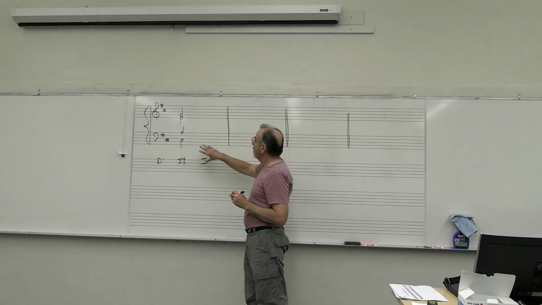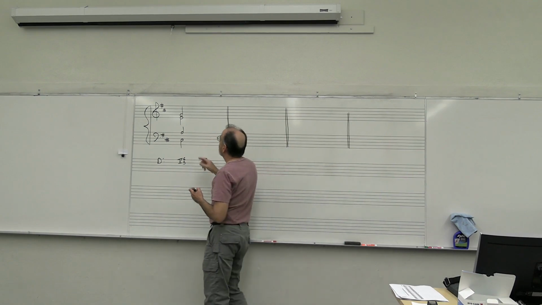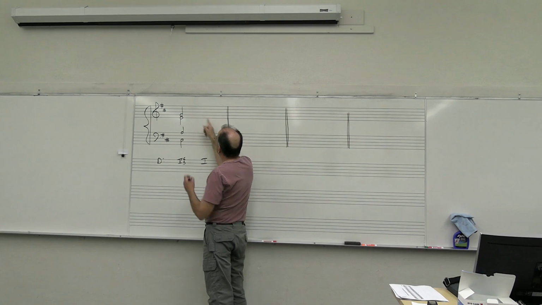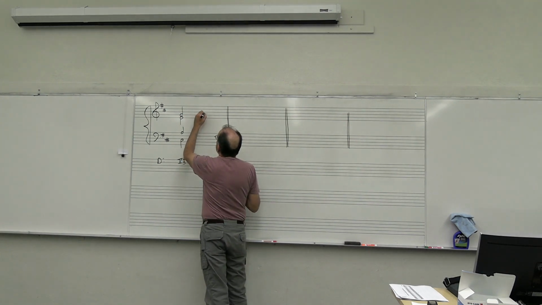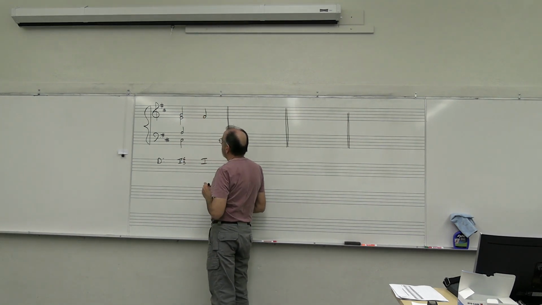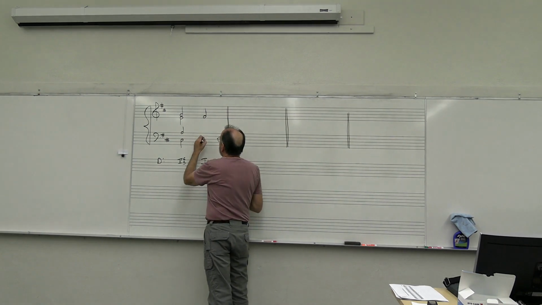So now if I've got this, I can again resolve all the tendency tones as I would and end up with a root position 1. It will all work out fine. So the 7th needs to resolve down by step to the 3rd of the 1 chord. The leading tone needs to resolve up to tonic.